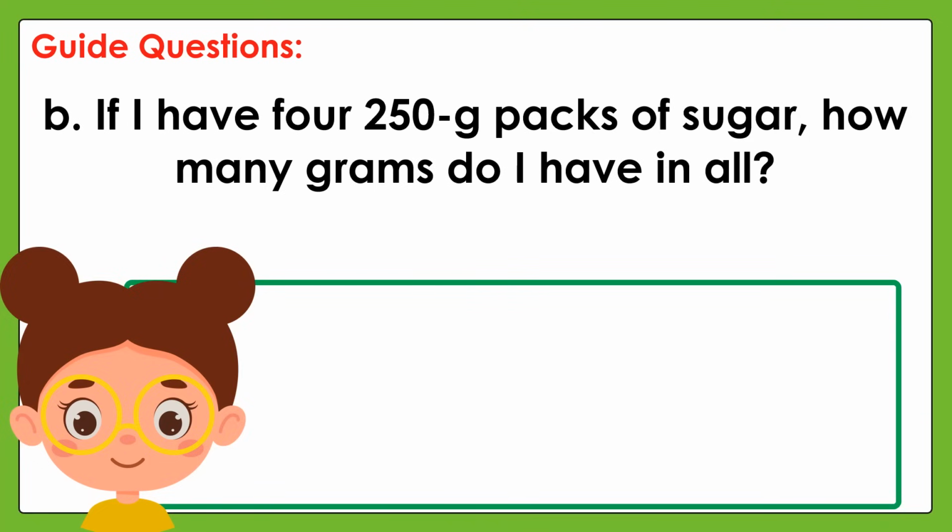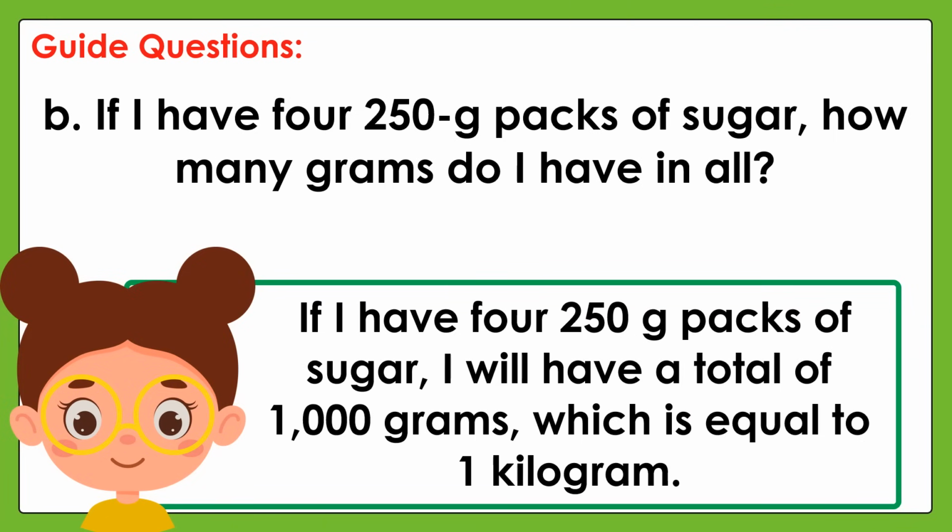Letter B. If I have 4 250-gram packs of sugar, how many grams do I have in all? The answer, if I have 4 250-gram packs of sugar, I will have a total of 1,000 grams, which is equal to 1 kilogram.